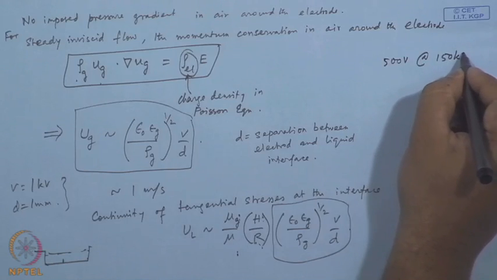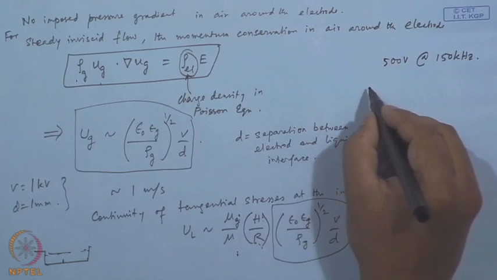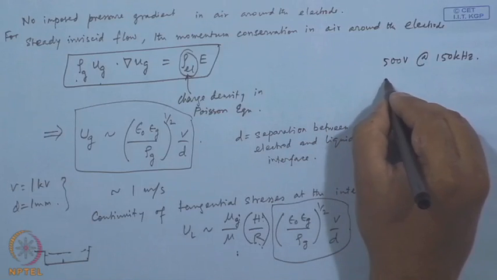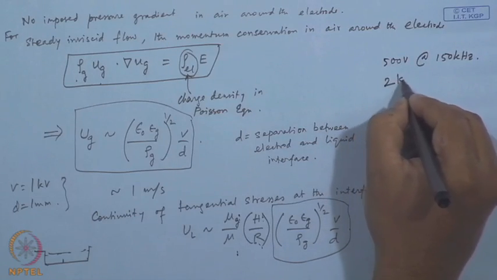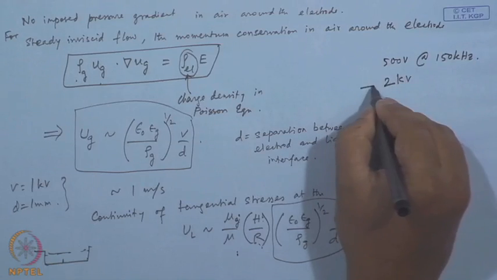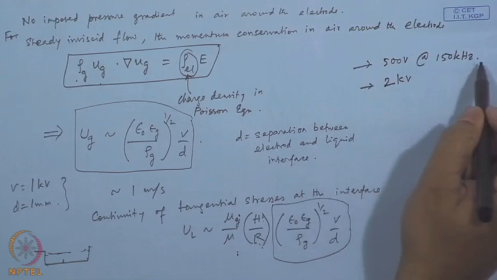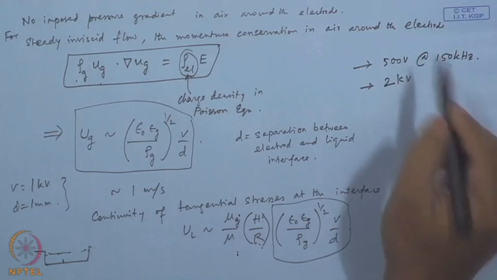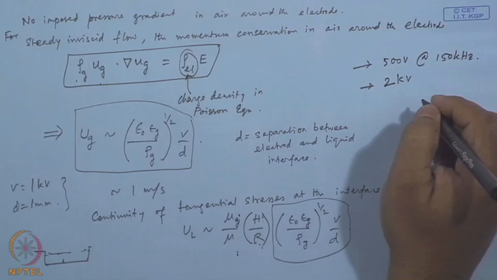This is for the AC, and for the DC this would be about 2 kilovolt. So, this is the DC voltage requirement, and AC typically, if somebody uses 150 kilohertz, this would be the 500 volt, and optimum frequency is associated with the inverse.